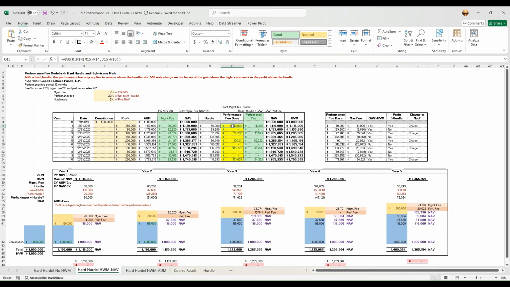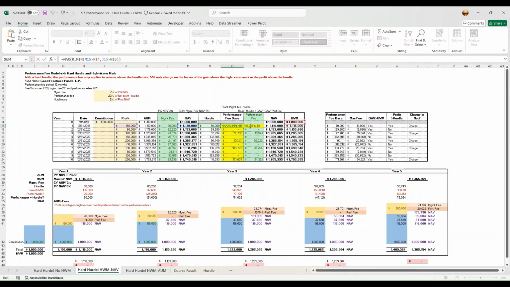So that's why in the formula here, we have max to find our positive number, because if the fee base is negative, we're not going to calculate. And then we find the minimum between M15 minus R14, that is M15 here, this gap minus our prior high watermark, and the other option, this profit minus the hurdle.